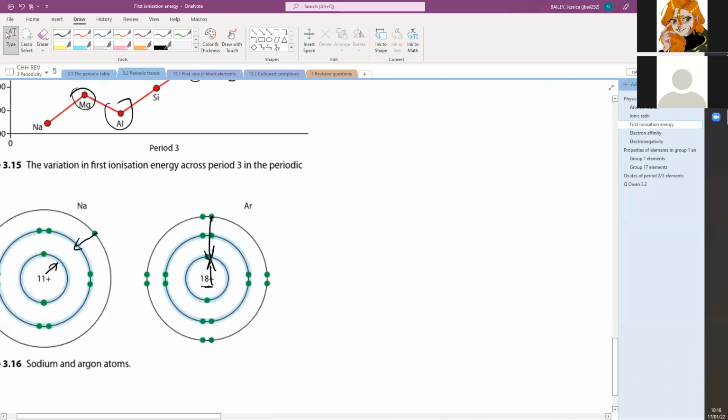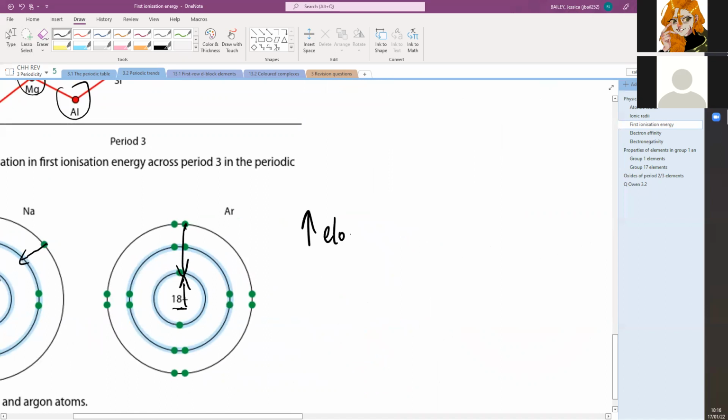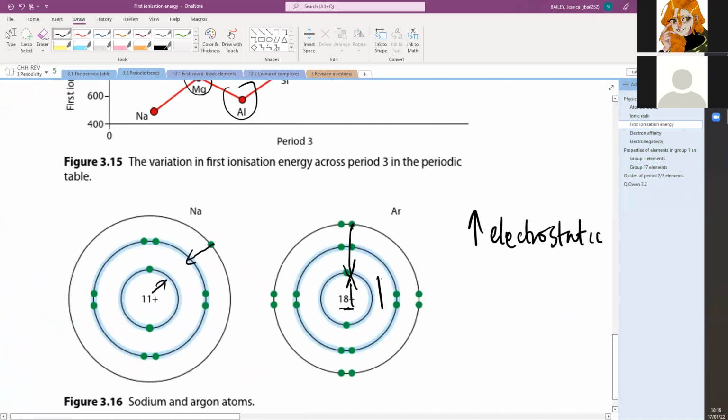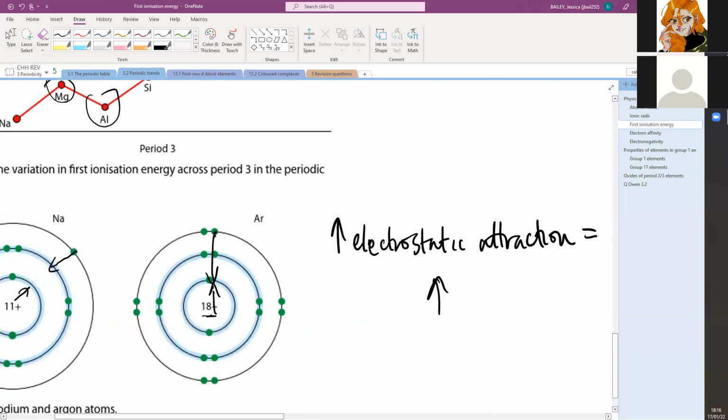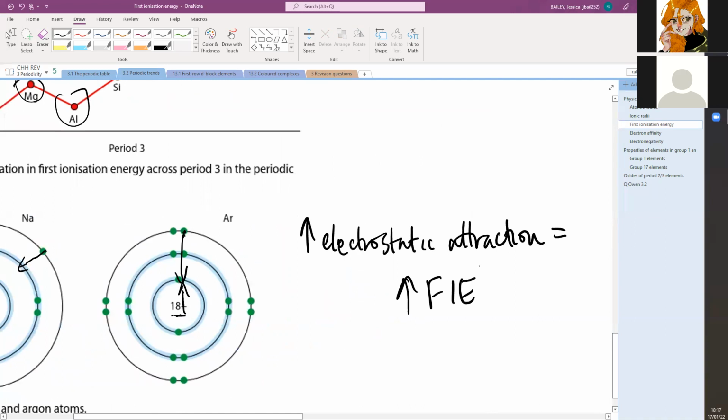So always remember, if the electrostatic attraction is high, then that directly corresponds to a higher first ionization energy as well.